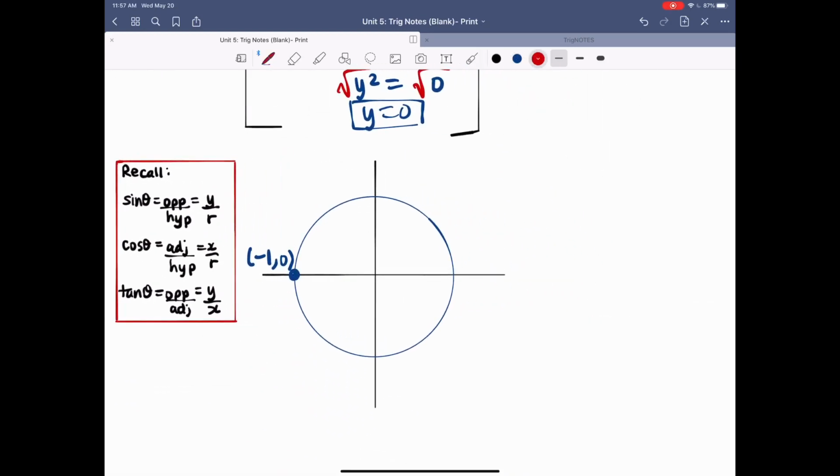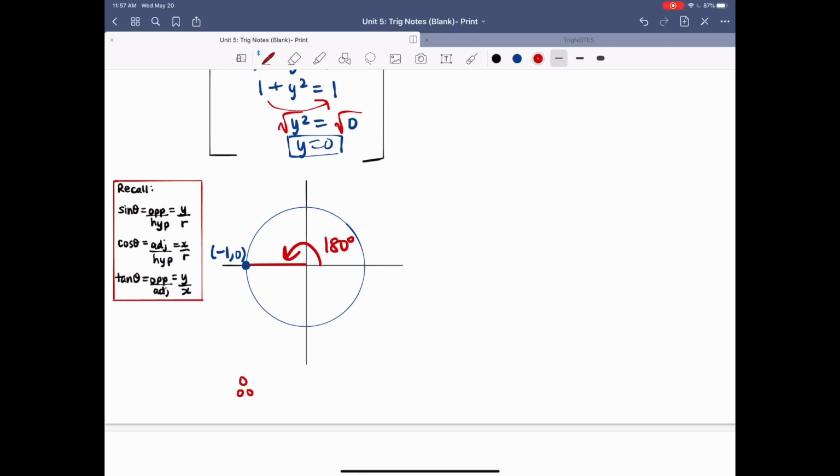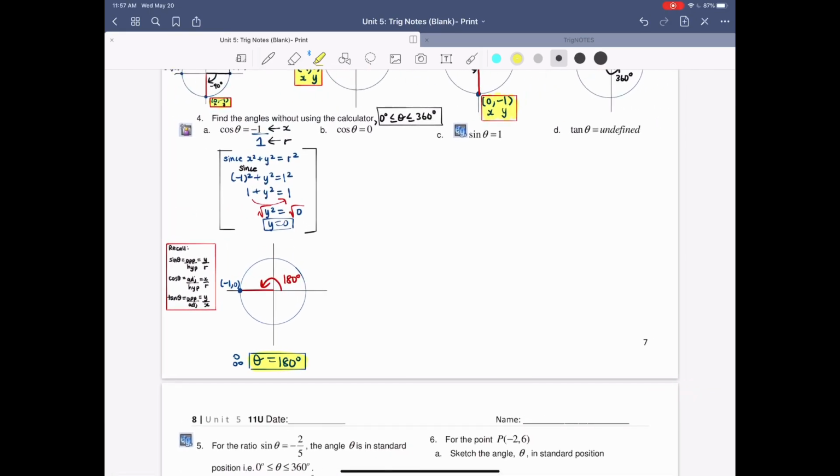And from there, I'm going to interpret what this terminal arm is equal to. And this terminal arm would have gone 180 degrees from the initial arm. And so you're going to say that therefore theta is equal to 180 degrees. So basically you're trying to come up with a terminal arm that makes sense with your situation to find out your theta. You'll see in the other questions that sometimes there's more than one coordinate that works, and that's why the drawing really helps.